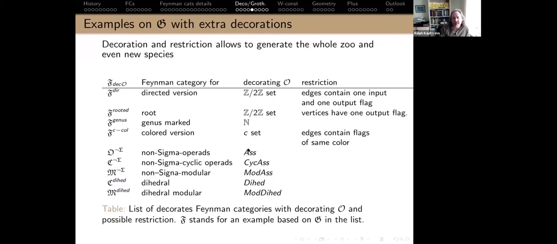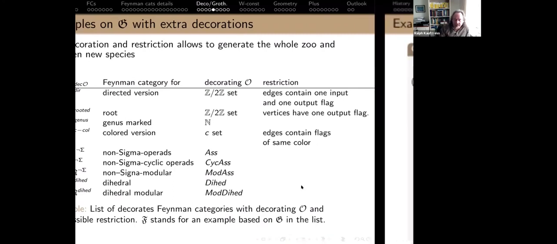You get non-sigma versions, which I discussed, by decorating with associative or cyclic associative. You get the non-sigma, this is sigma, not sigma, by decorating with modular associative. And the modular associative is actually the push forward of the cyclic associative, so that will fit into a diagram. You can do dihedral like Brown, because you have the dihedral operad. So this again just gives you everything from something very basic.